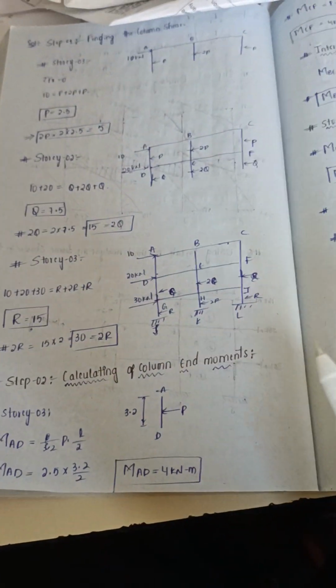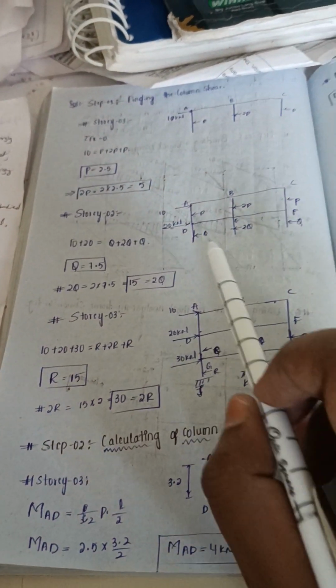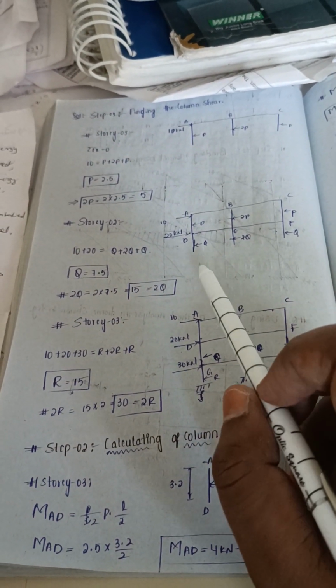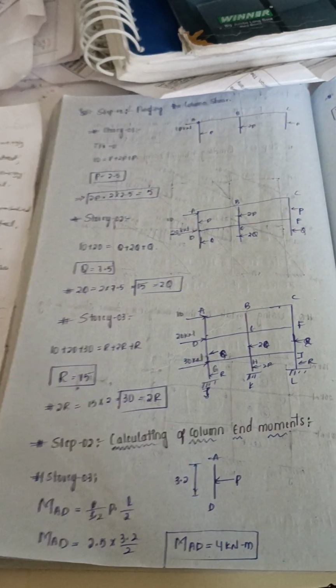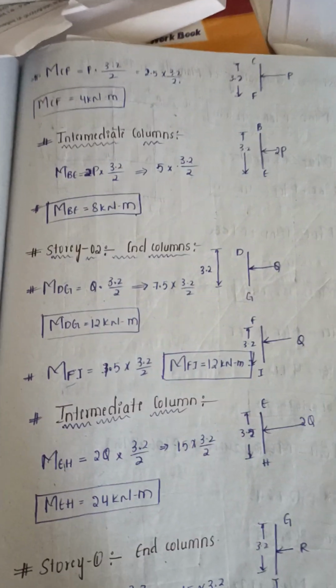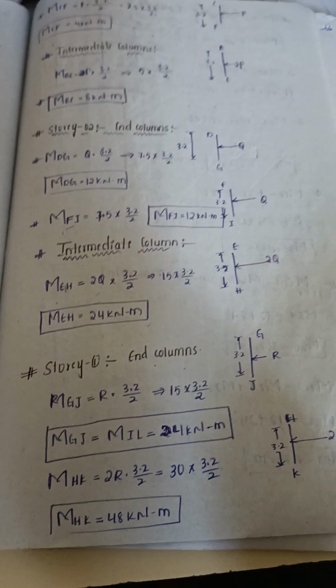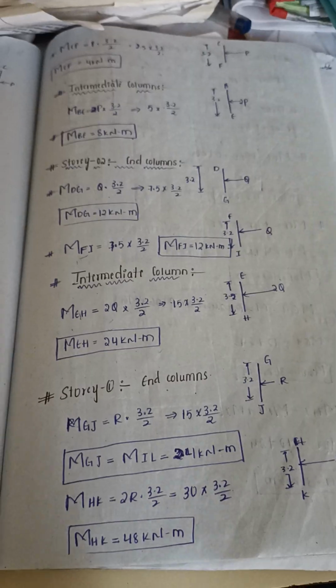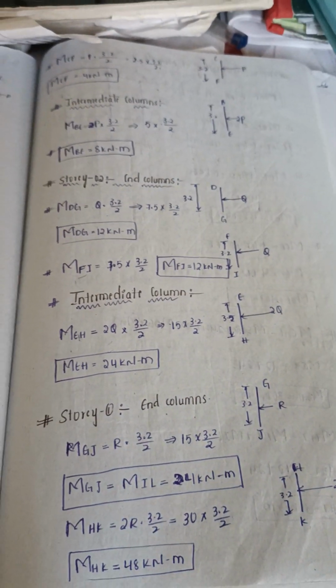Next, calculation of column end moments. That means this force into perpendicular distance, P into half of the length of the column. In that way we can find MAD, so column end moments. Next, end columns, this is the same step, but we have 3 stories now, so 1, 2, 3.